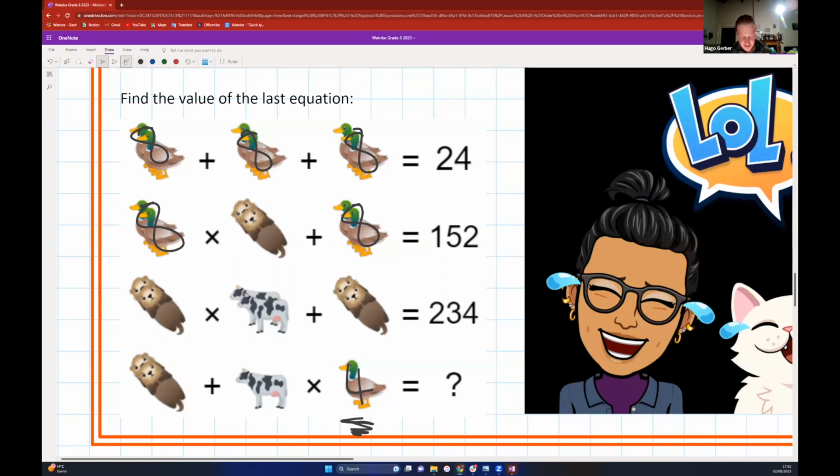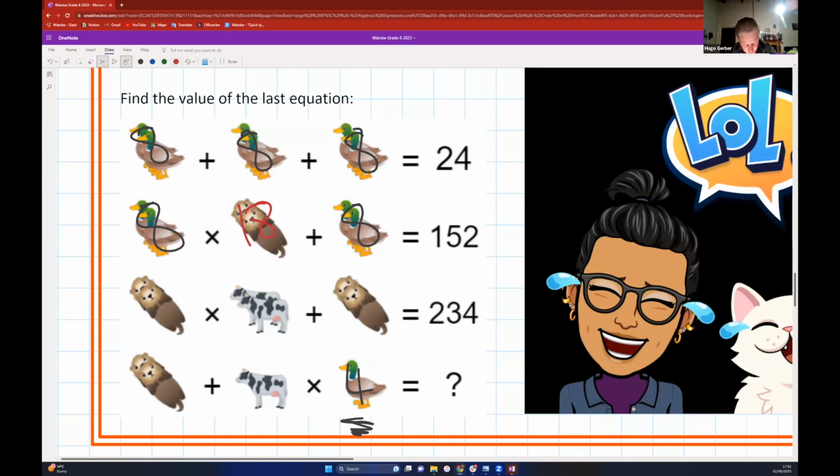I'm getting 18. Let's see, if we multiply 8 with 18, we get 144. Then we still have to add another 8. It gives us 152. So these two otters are definitely going to be 18.